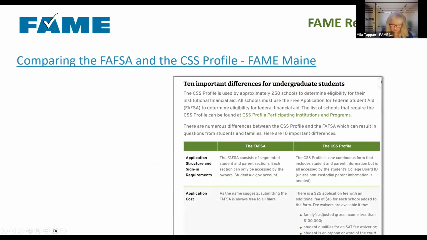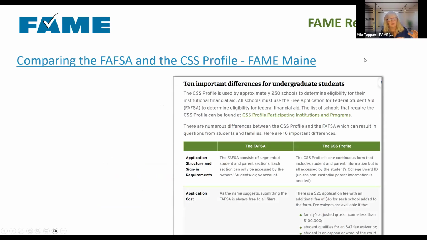Here is that document that I was mentioning first, the 10 differences for undergraduate students between the FAFSA and the CSS Profile. You can either print it off as a PDF or you can just look at it in real time on the website. We go through those 10 things that we think are the most different, everything from how you sign in and the structure. The FAFSA is roles based.